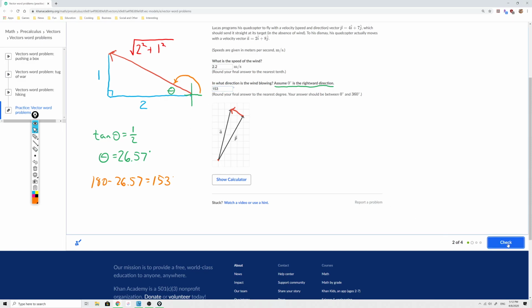All right, let's check our answer. All right, it's correct. So the direction of these vectors is going to be the problem. You're going to have to adjust your right triangle trig answer by subtracting from 180, or adding on to 180. So just draw a really nice diagram, and that should solve most of your problems.